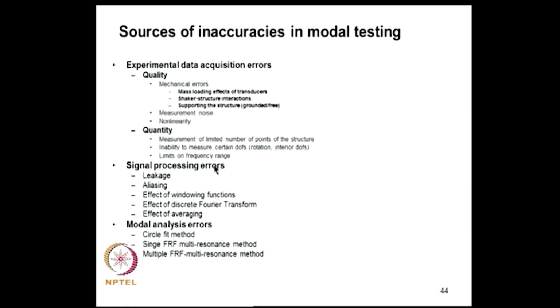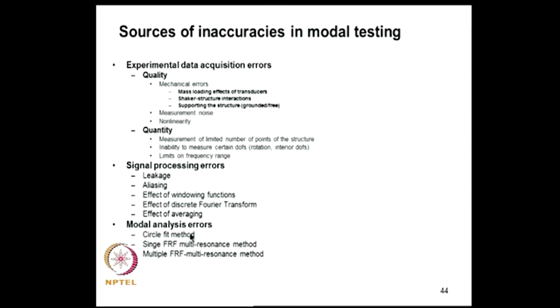Then signal processing errors: there is leakage, aliasing, windowing, and the effect of using the discrete Fourier transform, and when you measure a frequency response function you will have to do averaging across a fixed number of samples, which introduces sampling fluctuations. And then after you measure frequency response functions, to extract the natural frequencies and mode shapes, you have to use certain algorithms.